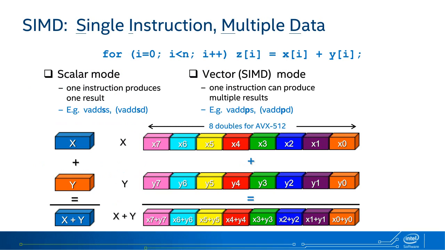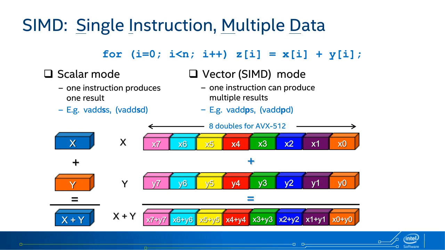Before talking about vectorization itself, let's take a look at what SIMD is. SIMD is single instruction multiple data, and it is a class of parallel computers in Flynn's taxonomy, which describes computers with multiple processing elements that perform the same operation on multiple data points.